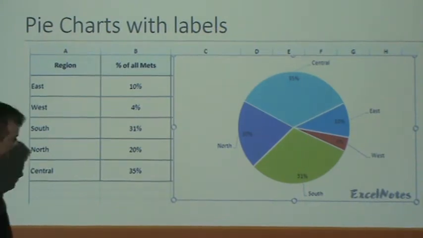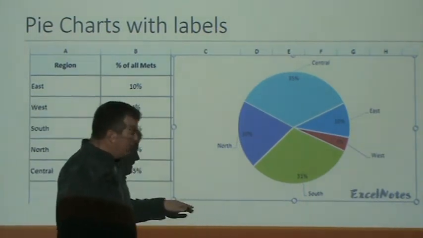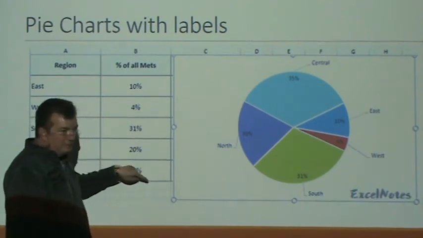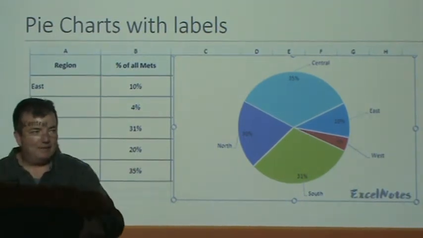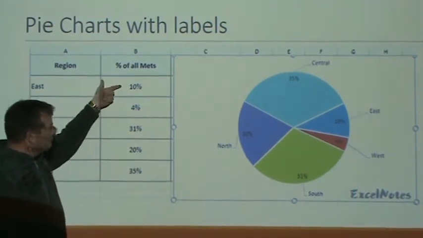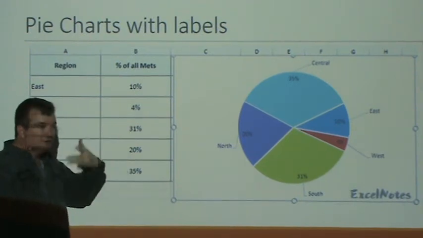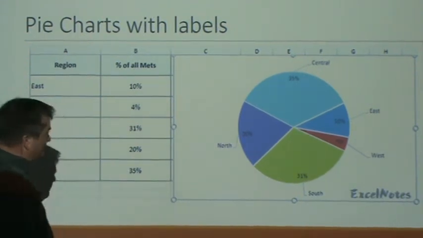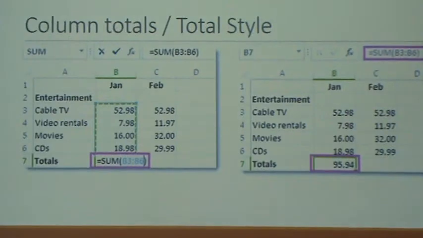So if it doesn't add up to 100%, Excel will add them up, do the sum of them, and then actually work out what percentage each number is of the total.